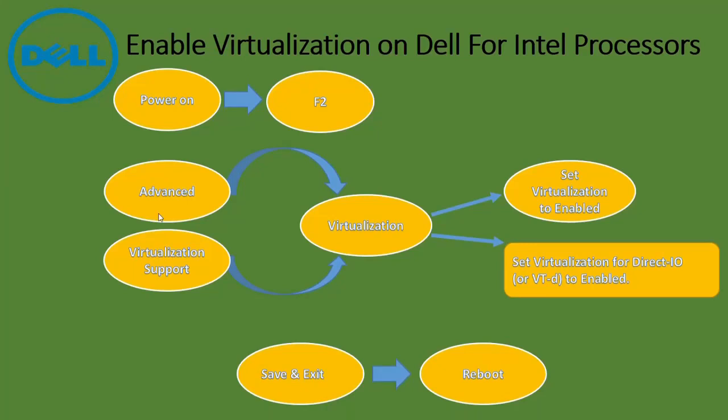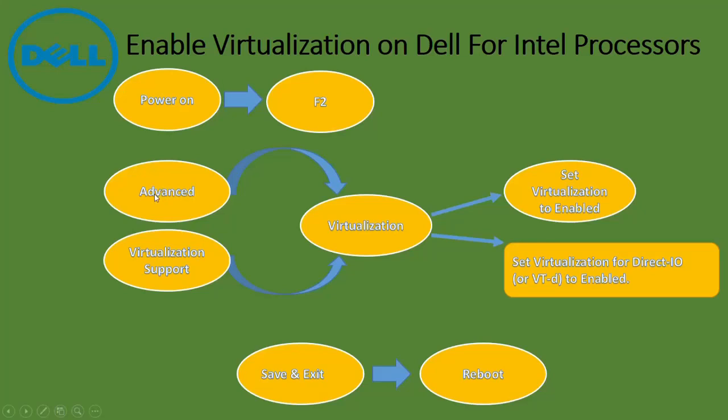On a Dell, at first, power on your system and then press the F2 key when the Dell logo appears to enter BIOS setup, and then go to the virtualization settings. The path can vary based on your system model.